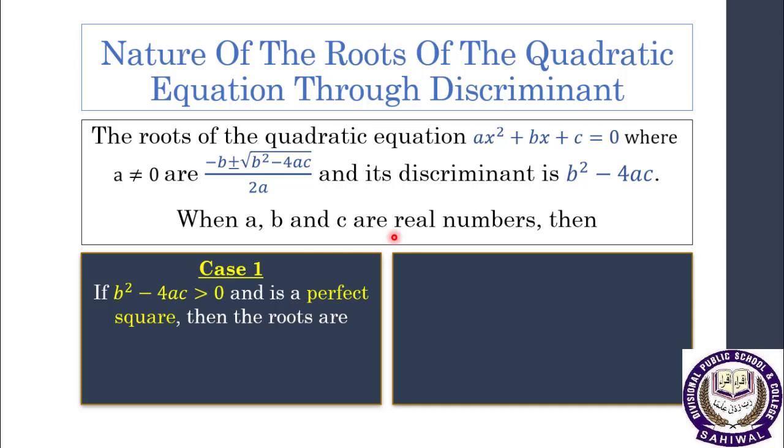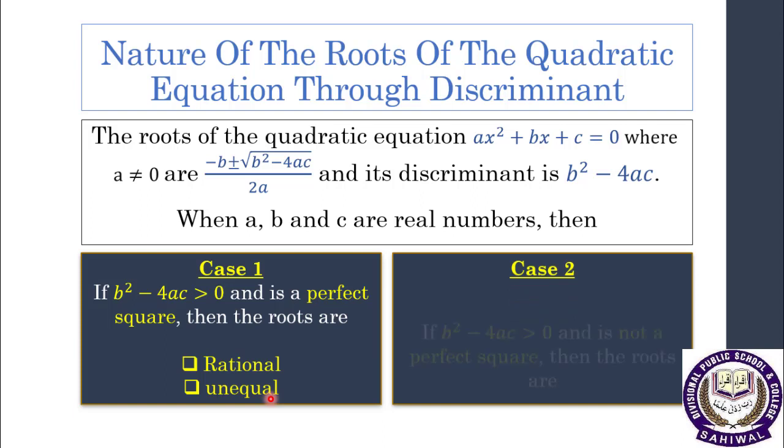In case 1, if the discriminant b square minus 4ac is greater than 0, that is a positive number, and this positive number is a perfect square, then the roots are rational and unequal. We know that in the quadratic equation we get 2 roots, and these 2 roots will not be equal to each other.